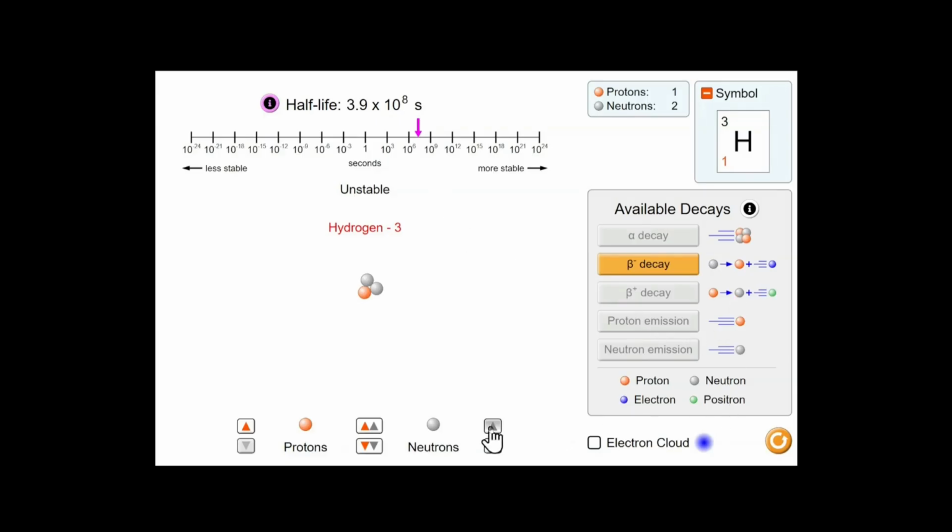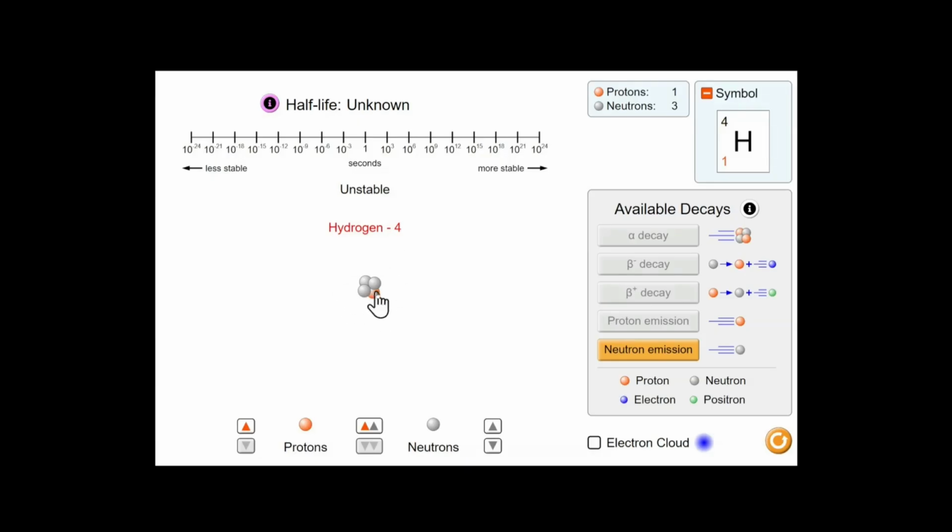Okay, if we add another one, I don't even think that has a name, this would be extremely rare, if this exists at all in nature. But look what we have now. We have too many neutrons. And that's the main point that I want to get across here.